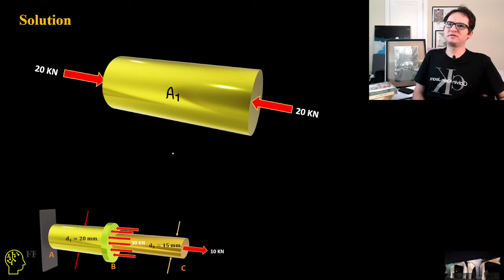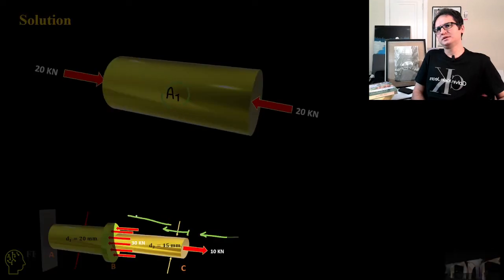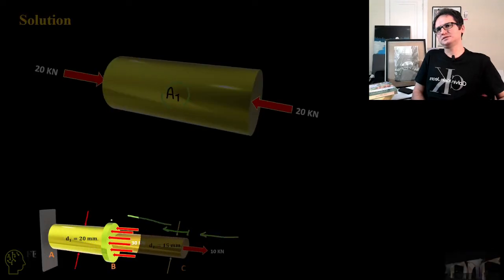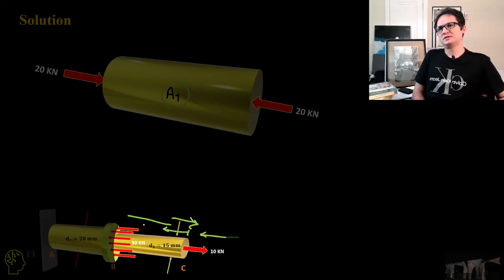For the first part, area 1, if we go through the configuration from left to right, as we enter the second shaft from the left, we experience a pull of 10 kilonewton. As we travel toward shaft 1, there is nothing else, just the 10 kilonewton force.